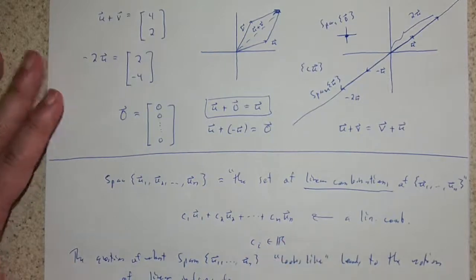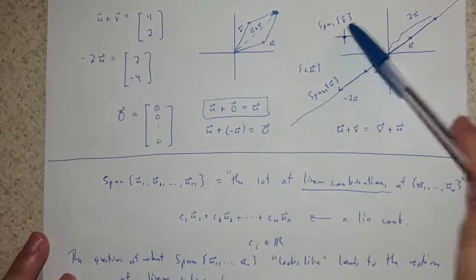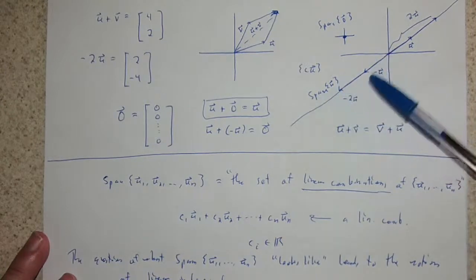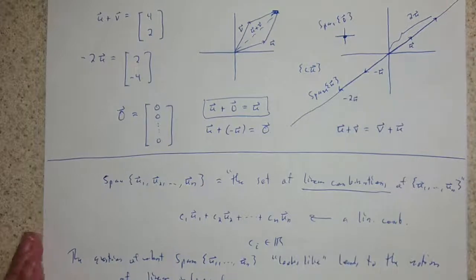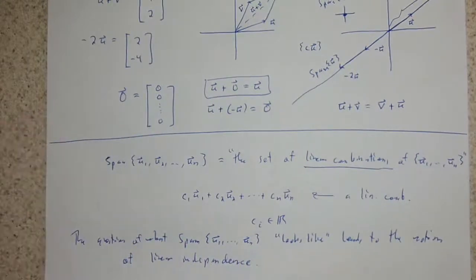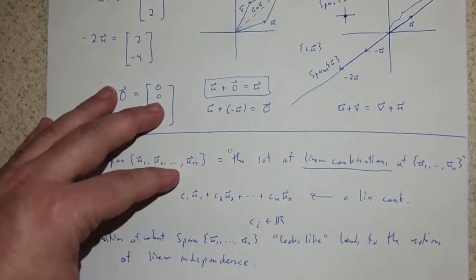It's a little tricky when you first start out because you say, okay, the span of 0 is just a single point, but the span of u is this whole line. So then you think, okay, what about the span of two vectors? What does that look like geometrically? Well, there are options, right? If neither of the vectors is 0, it still might look like a line. And it would look like a line if u and v are scalar multiples of each other, because you're not getting any additional info.